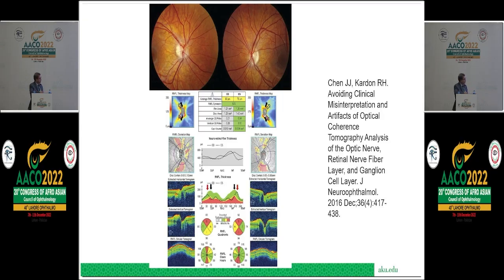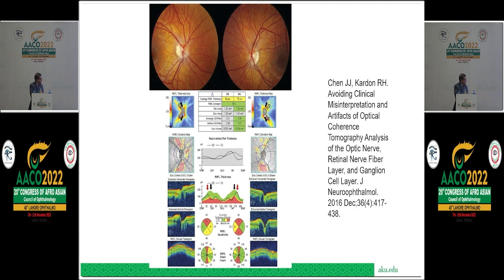Okay, so there is a little bit of extra movement of the nerve fiber layer bundles temporally, and it's probably part of the development of the axial myopia. So because the bundles are shifted slightly temporally, you see the red arrow is pointing to the temporal displacement, okay, of these bundles, superior and inferior bundles.